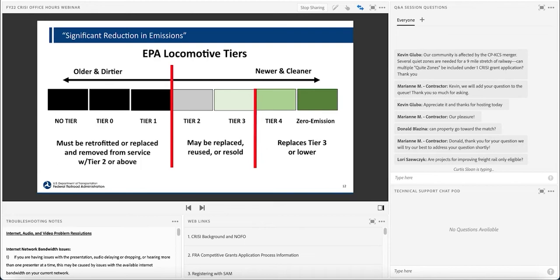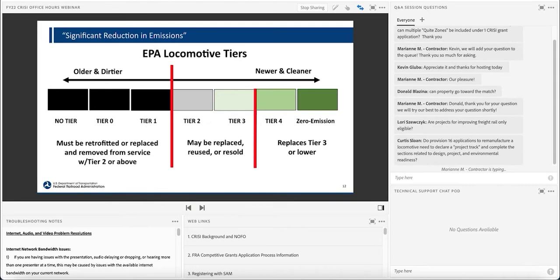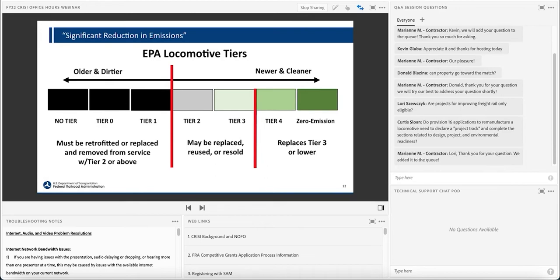That second red line that's in between tier 3 and tier 4 also indicates that if you were to purchase a tier 4 locomotive, that could replace anything to the left of that. However, a tier 3 would not necessarily replace a tier 2. So what we're looking at is we can fund out of this provision the rehabilitation or replacement of these non-tiered, tier 0, tier 1 locomotives with a tier 2 locomotive or higher.